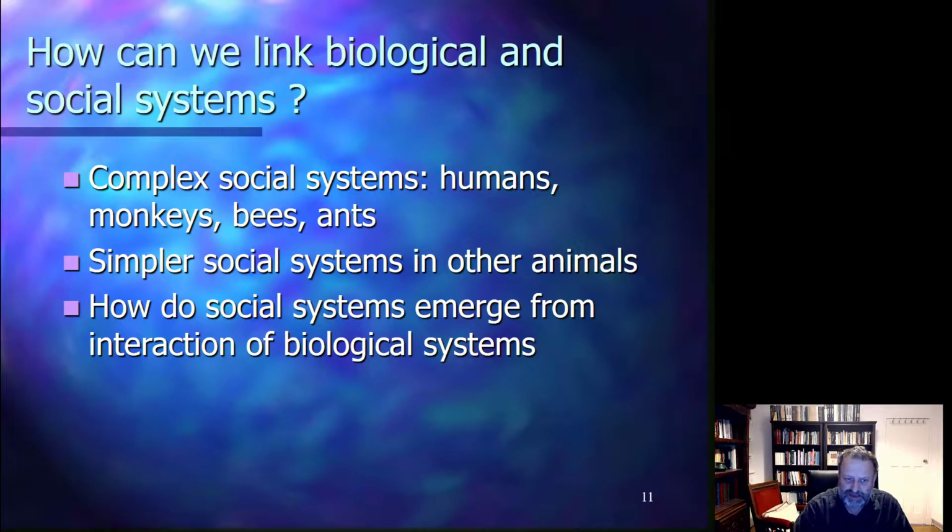So how did the simpler social systems evolve in other animals, and how does that lead to the much more complex social systems in humans, monkeys, and bees? Really, what are the mechanisms? And again, there are lots of theories, lots of work on this. But here we will try to provide a new way of addressing this.